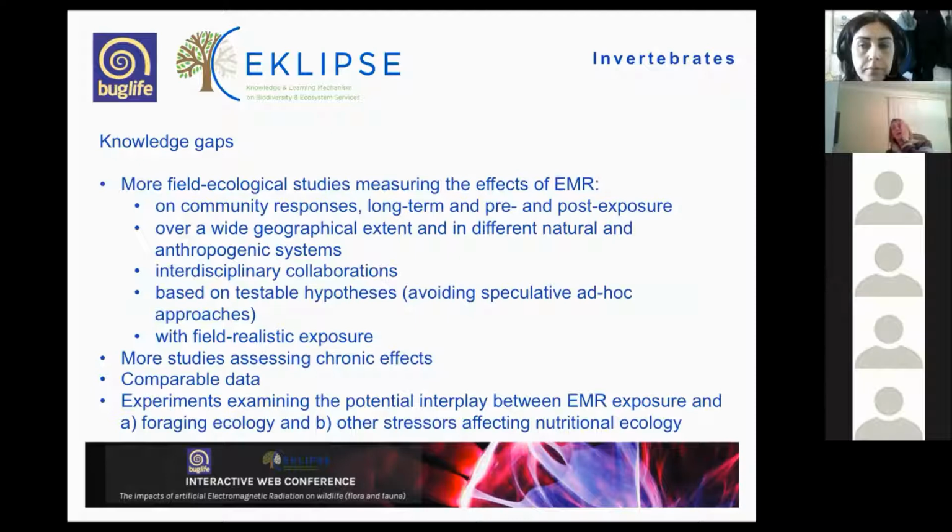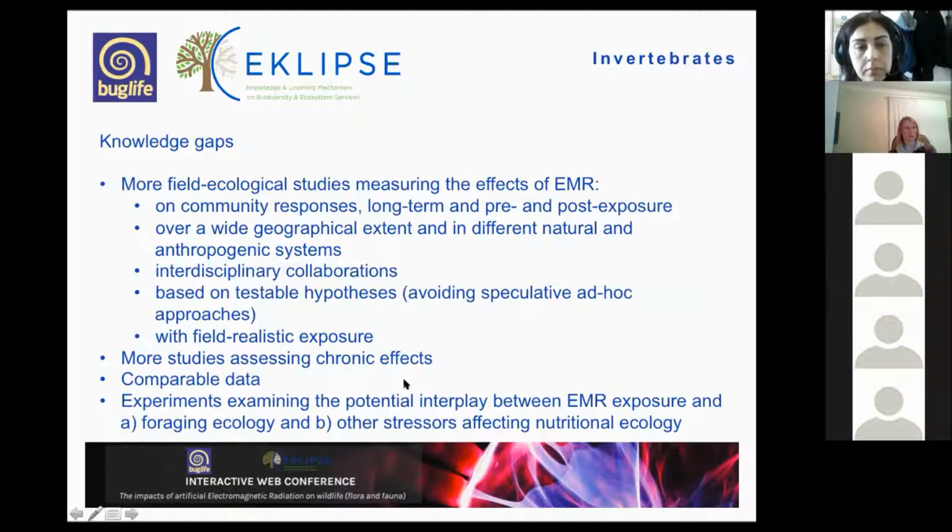We need testable hypotheses, and these studies need to be based on them, unlike some of those 39 studies, which just look for any differences without having a hypothesis from the start. We need field realistic exposure, so no extreme exposure or overexposure, and no close distance exposure, which is not realistic in the field.